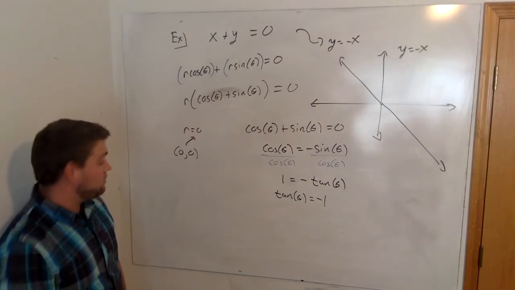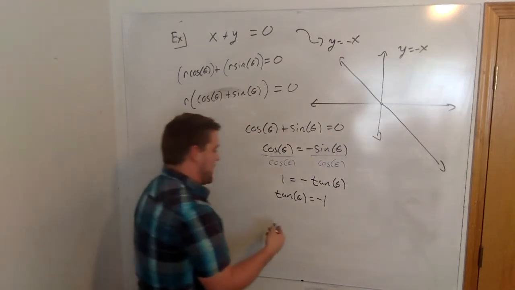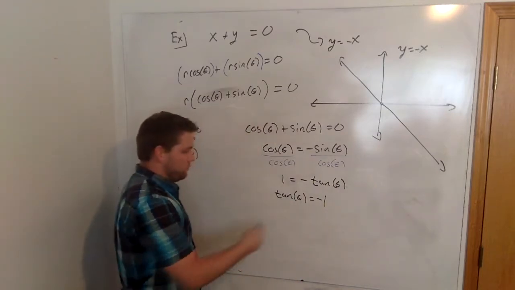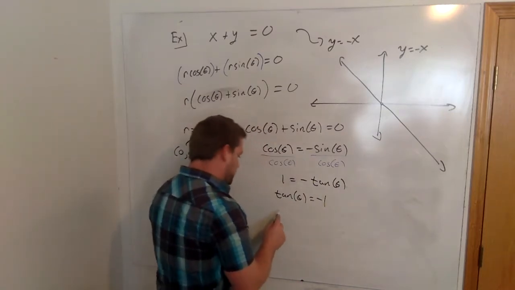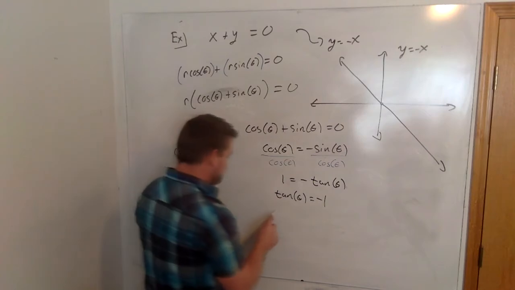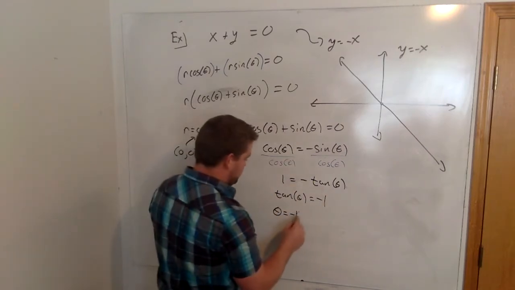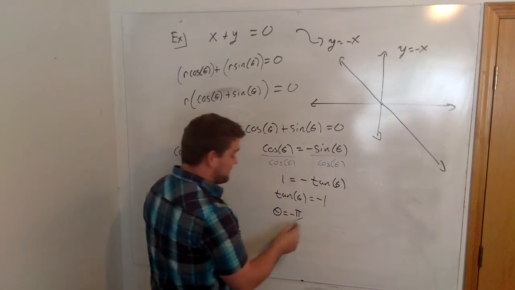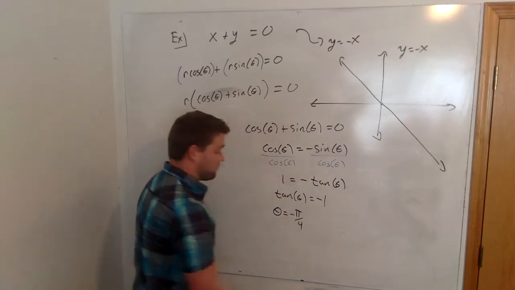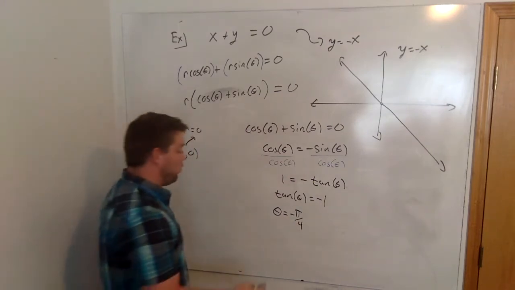In this case, let's think about what angles would work here. What would be the solution for theta? Well, there's an infinite number of them. If you were to do tan inverse of both sides, I think this will spit out negative pi over 4. But this isn't the only one.